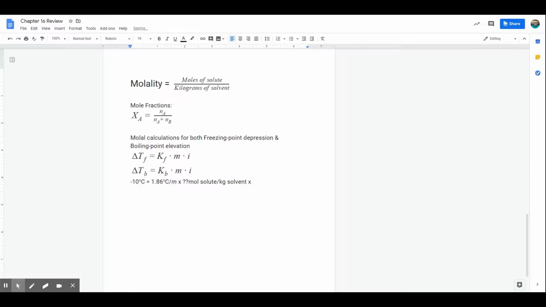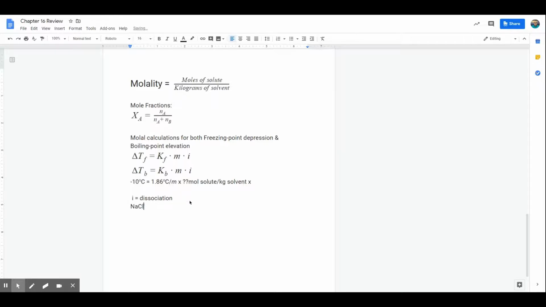And I is pretty important to understand. I relates to dissociation. So I'm going to put this down here: relates to dissociation. For NaCl, we know a couple things.